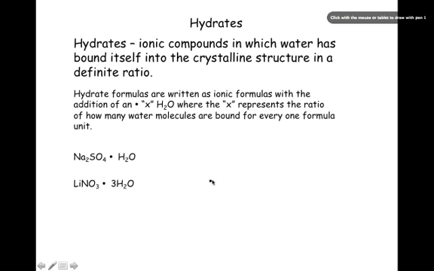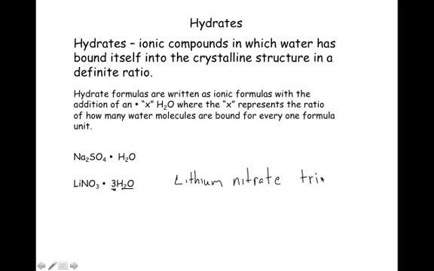So Li is lithium. NO3 is nitrate. And then how many hydrates do we have? We have 3. So that's going to be a trihydrate. Lithium nitrate trihydrate.